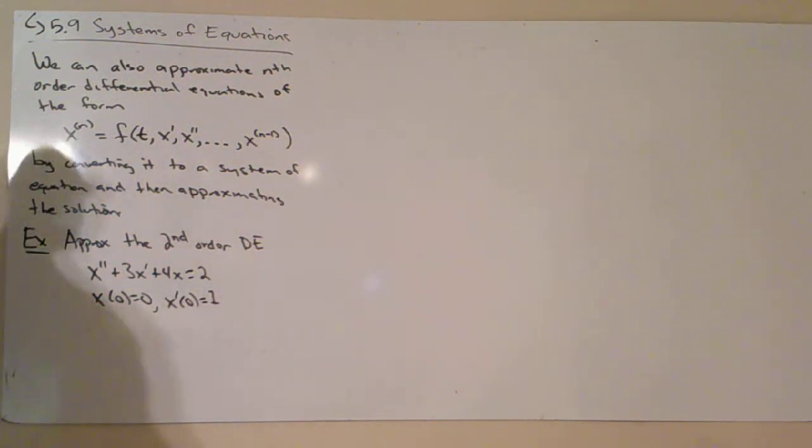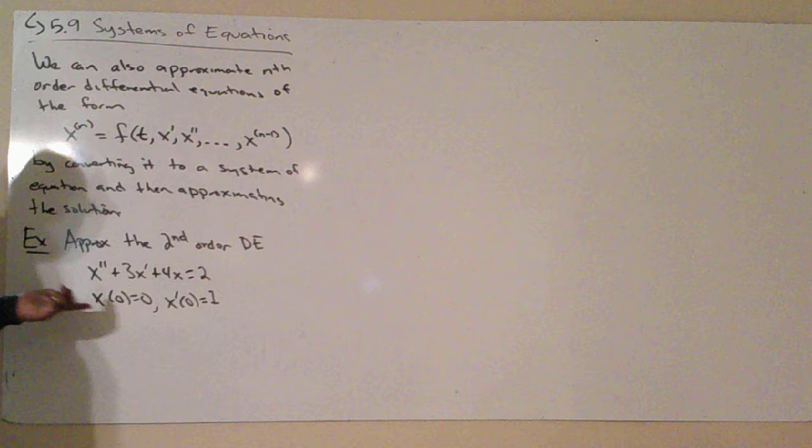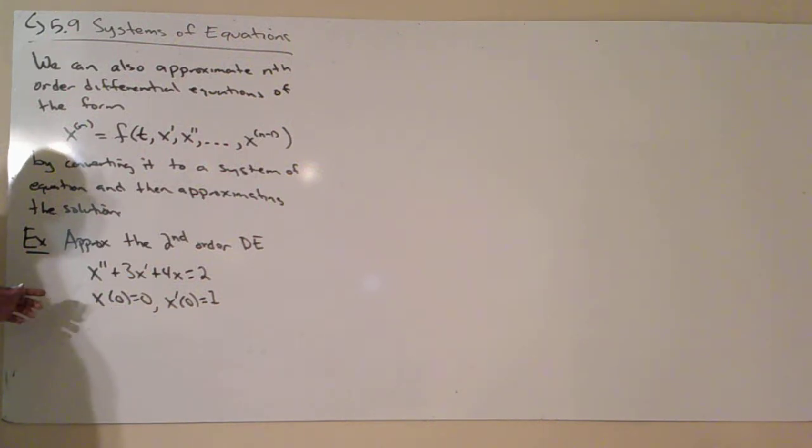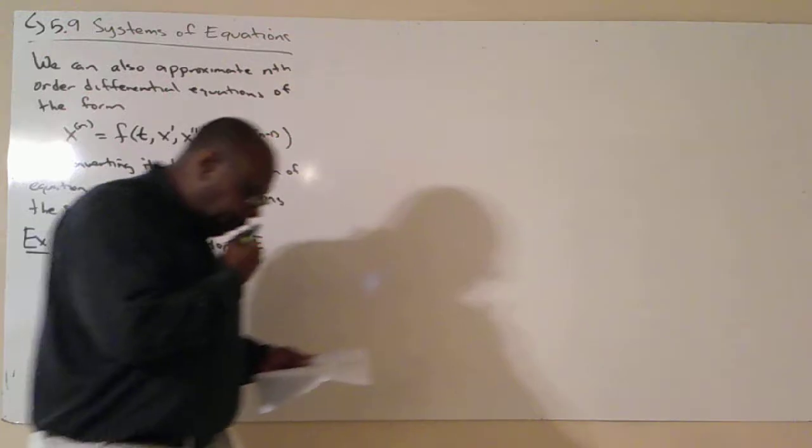Remember that if it's a second order differential equation, it's an initial value problem, to be able to find a unique solution we need initial conditions for both the function and its derivative, okay? And so we want to approximate this solution.